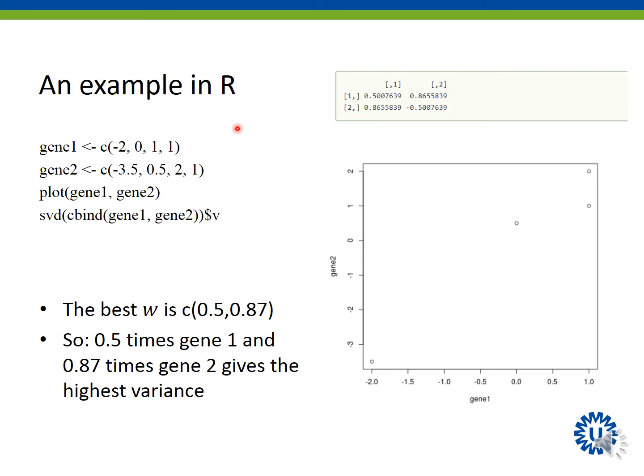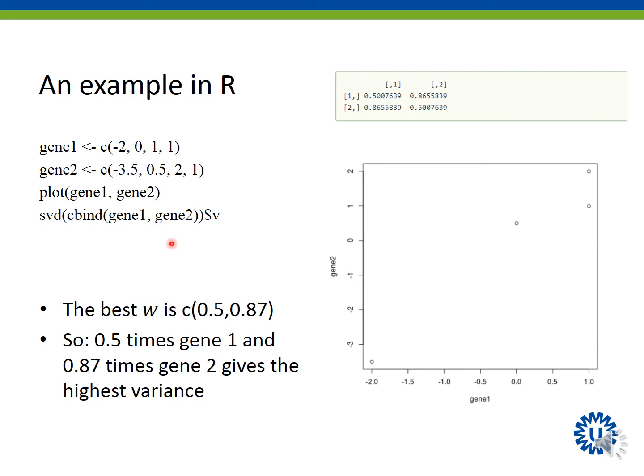And if you plot gene 1 against gene 2, so here you can see gene 1 on the x-axis and gene 2 on the y-axis, you can see here the first measurement, first sample, -2, -3.5, and so on. You can see that they kind of follow a straight line, where one point is maybe a bit off, but that doesn't matter. So these two genes are also highly correlated, or at least correlated.